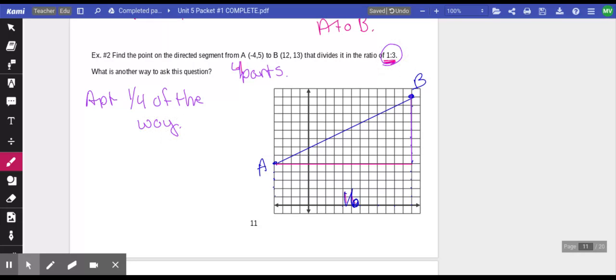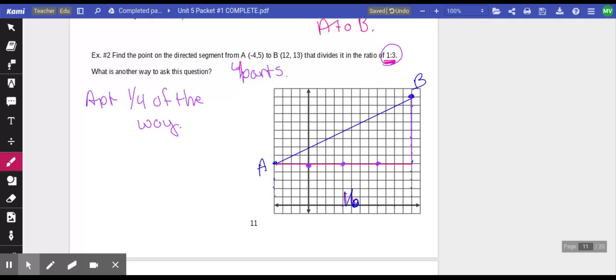So that means I want a total of 4 parts. If I'm 16 wide, to break that into 4 parts means each part is 4. So there's one part. There's the second part.